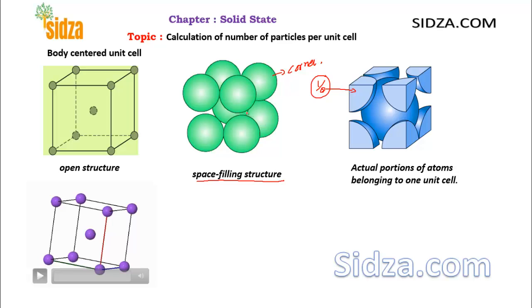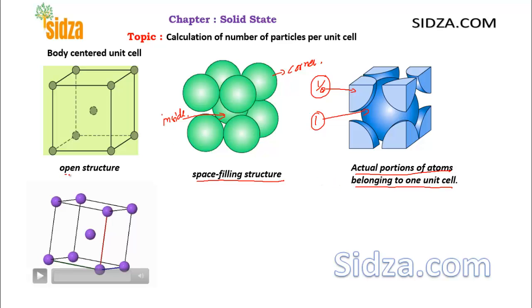We have an atom present inside the unit cell here. You can see this is inside, so its contribution is 1, right? We have 8 atoms at the 8 corners, so 8 times 1 by 8. This is the actual portion of atoms that belongs to the 1 unit cell.